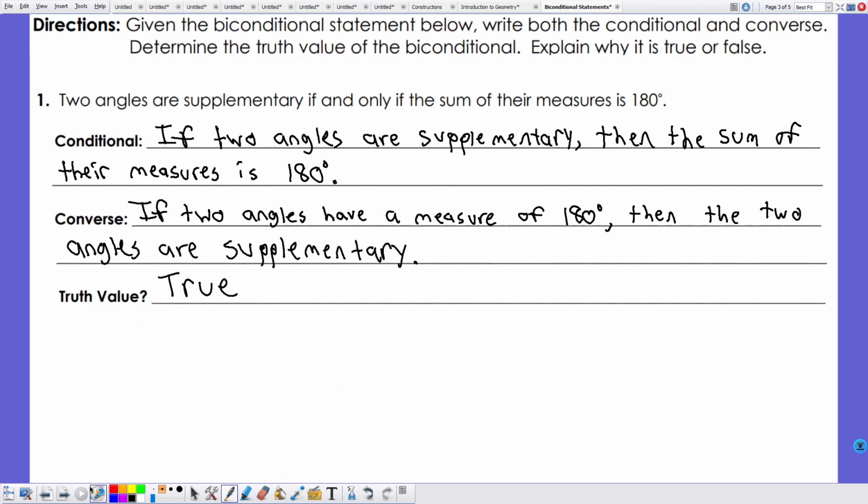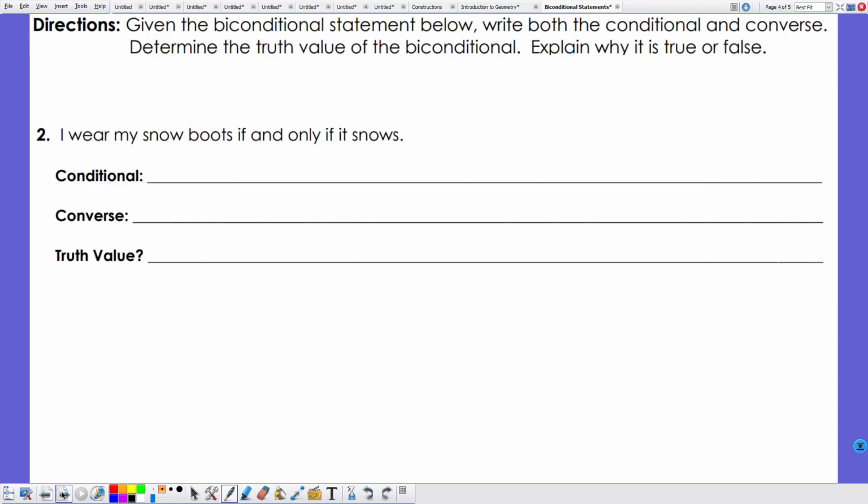Okay, so let's take a look at some more examples. All right, same deal. Write the conditional, the converse, and determine the truth value. So I wear my snow boots if and only if it snows. So the conditional would just be the forward direction.